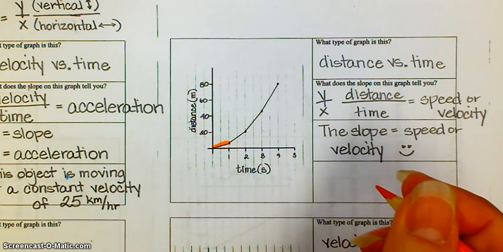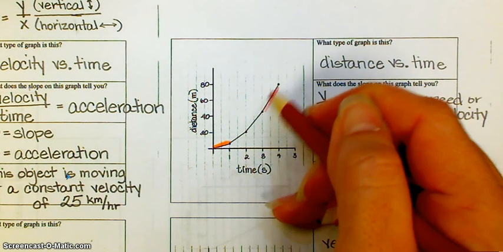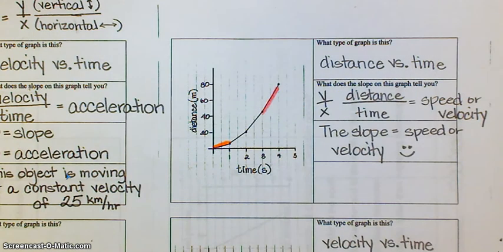Is it big slope or small slope? Small, which means that the velocity is small or slow, right? Okay, but here the slope is steeper, which means the velocity is faster or higher, okay?